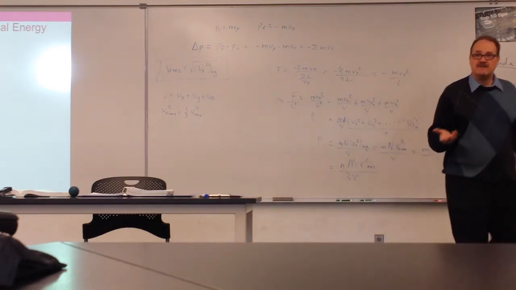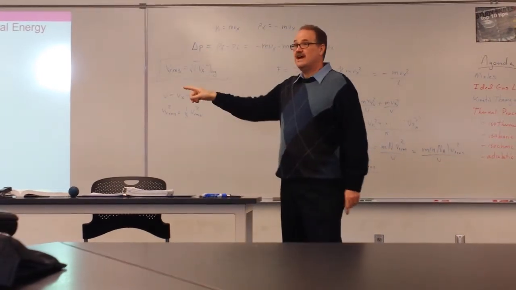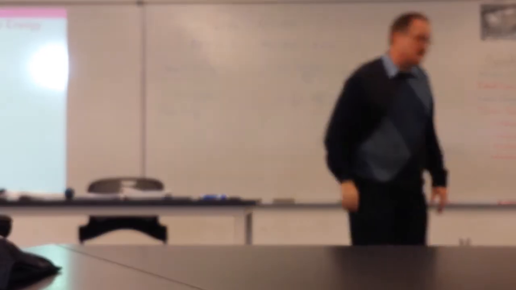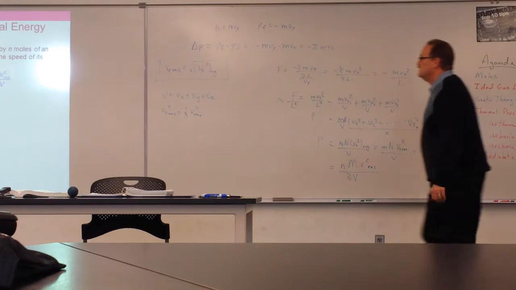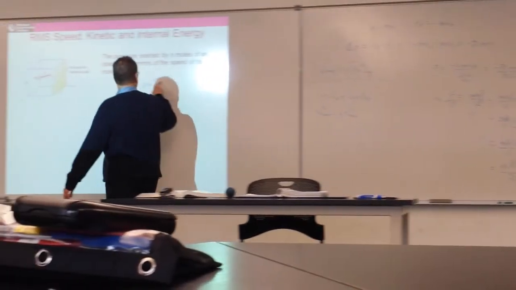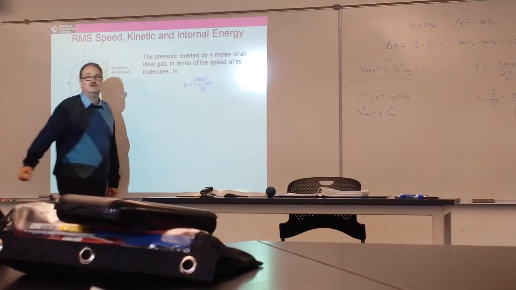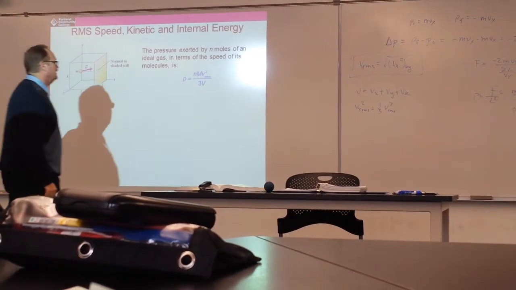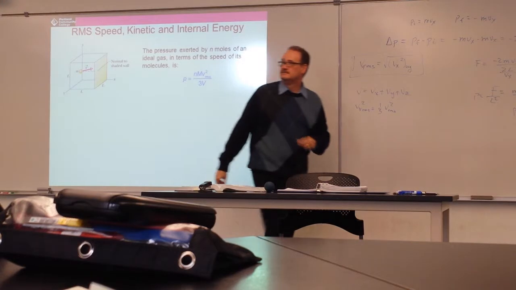And that leads me to my final conclusion, which is the pressure on any wall, because I've gotten rid of the x part. The pressure on a wall of the container is the number of moles of gas times the molar mass of that gas times the RMS speed squared of the molecules in that gas, over 3 times the volume of the container.